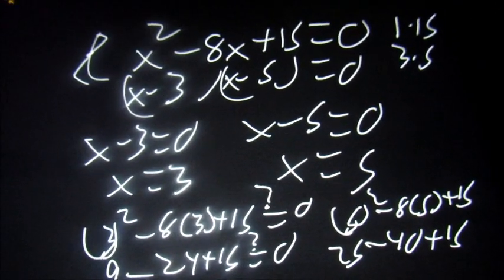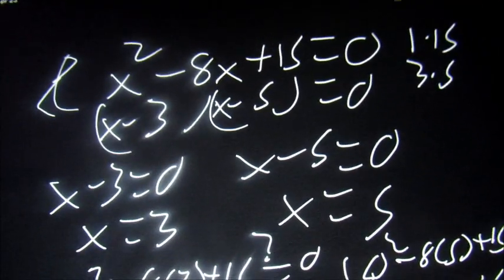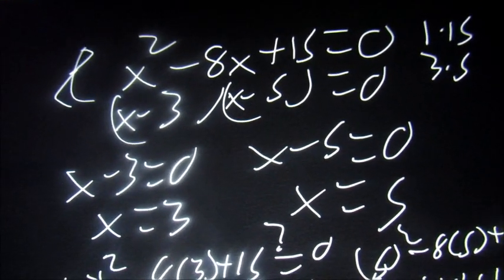But you will need to do this a lot later on in future classes. Whenever you have an x squared or an x cubed, to solve for that, you put everything on one side of the equal sign and set it equal to 0.